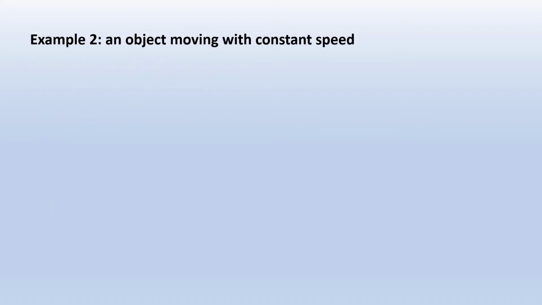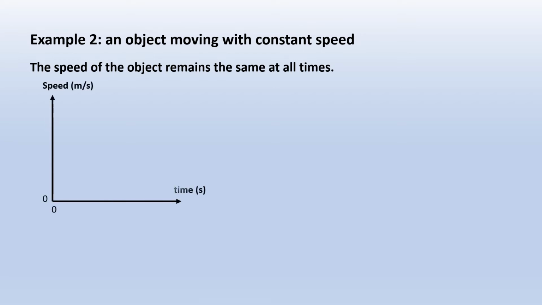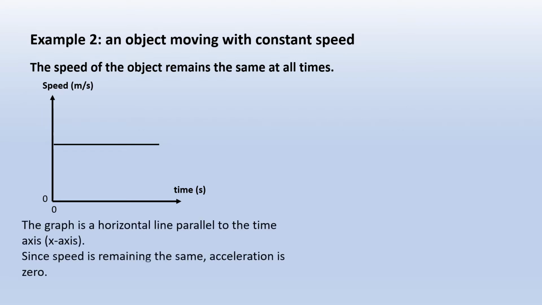Example 2. An object moving with constant speed. The speed of the object remains the same at all times. The graph is a horizontal line parallel to the time axis.